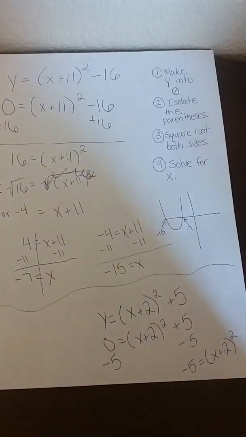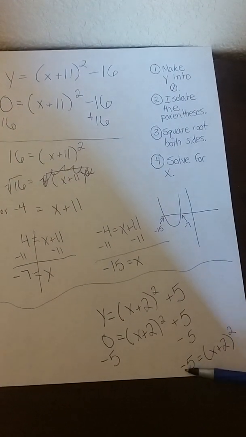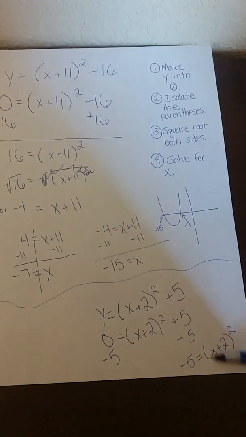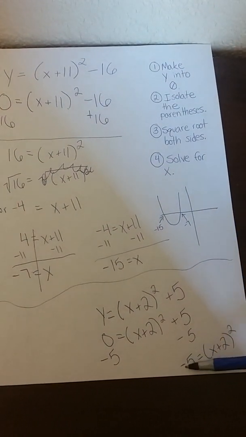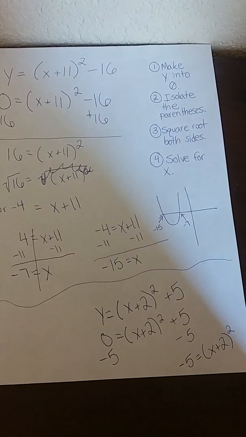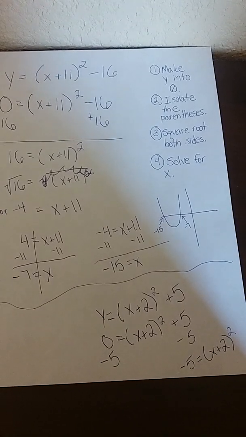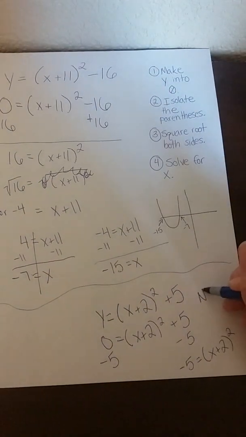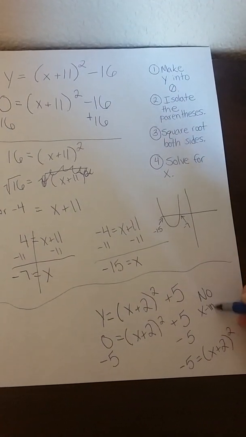This is a problem because nothing squared is going to give you a negative answer. If you ever get your parentheses alone and they equal a negative on the other side, then the answer is no solution because you can't square something and wind up with a negative. So this would be no x-intercepts.